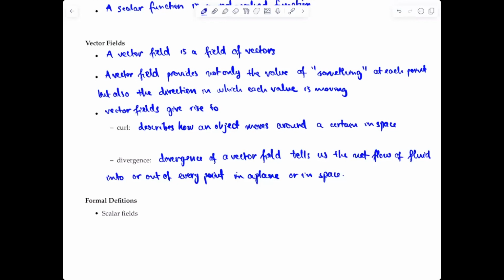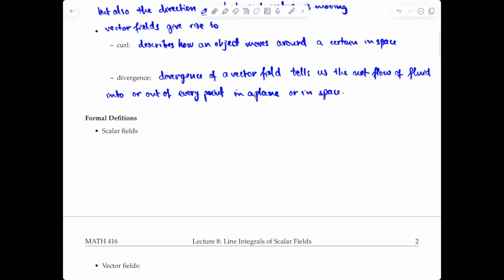Now let me move on to a more formal definition for the scalar field and the vector field. So let D be a set in R2.